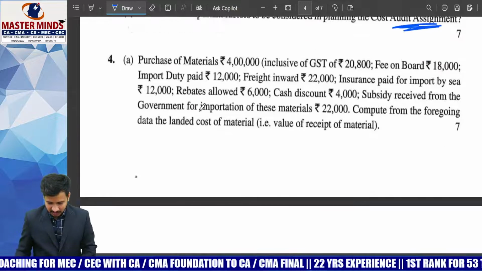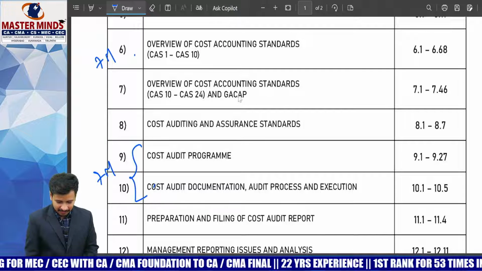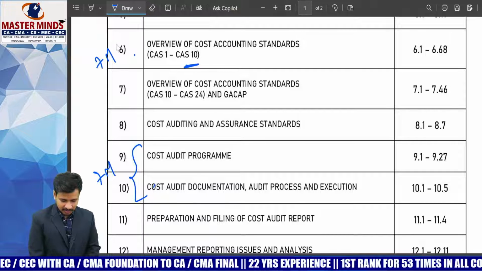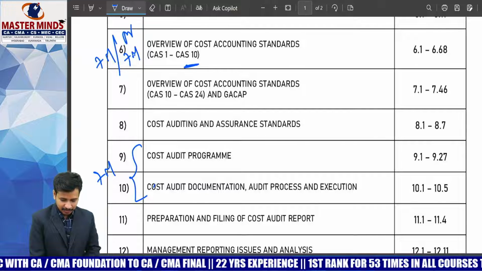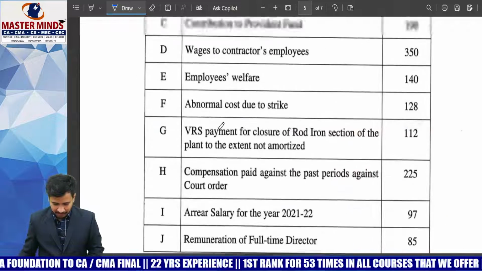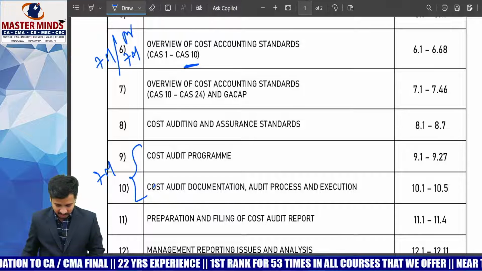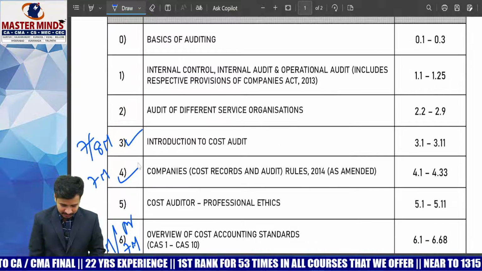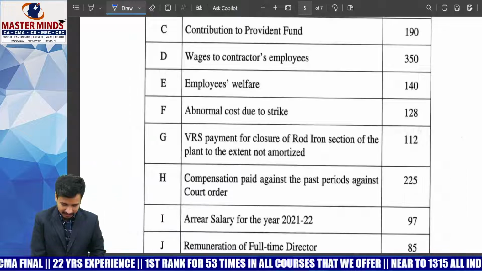And the next one, purely a problematic part from cost accounting standards. And the next one, again a problematic part from CRAR, companies cost records and audit rules. It's a problematic part.